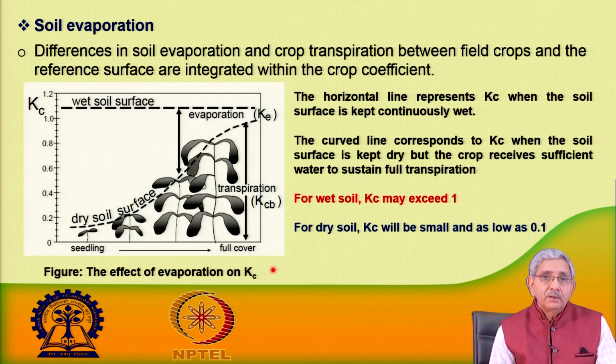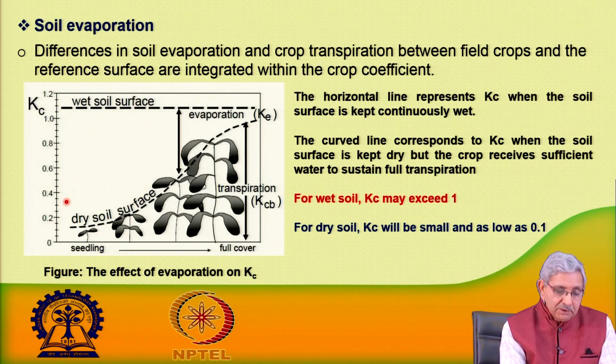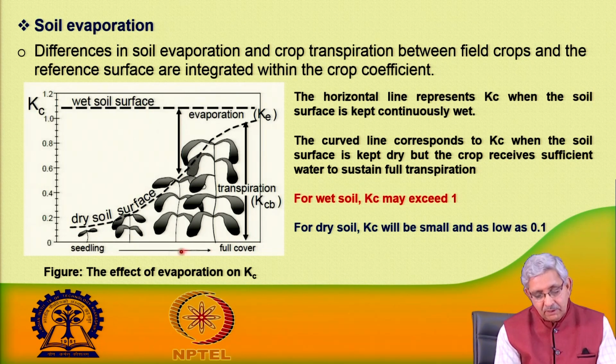Soil evaporation also influences the crop coefficient value. The differences in soil evaporation and crop transpiration between field crops and the reference surface are integrated within the crop coefficient. Let us see here: the Kc value is plotted on the ordinate, and the plant growth characteristic is plotted on the abscissa, the x axis.